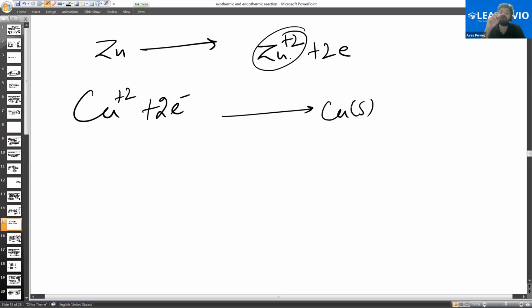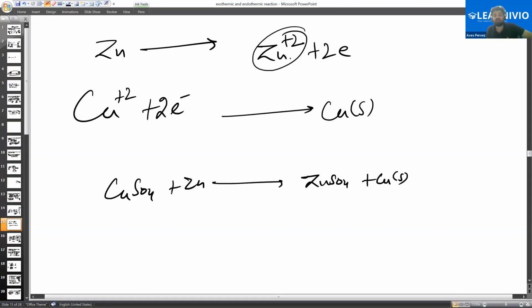Now the question is why zinc is giving its 2 electrons. If you have added copper sulfate with zinc, why does the reaction go to ZnSO4 plus Cu? It is very simple, and I'm going to ask you. You have two types of work in a day.